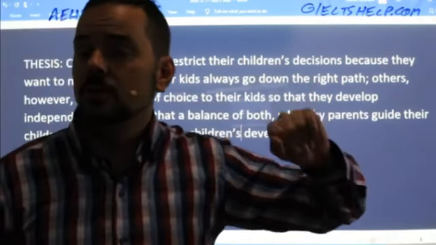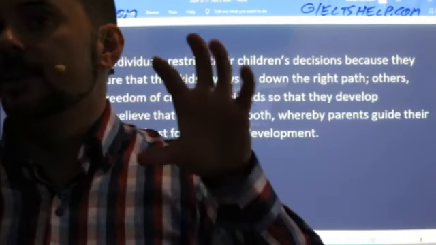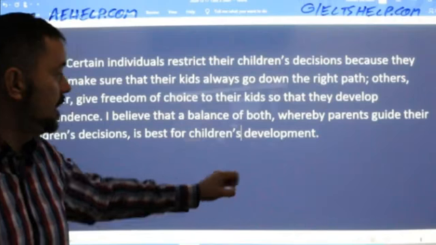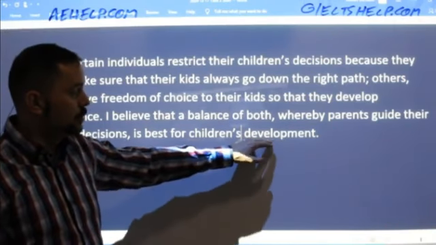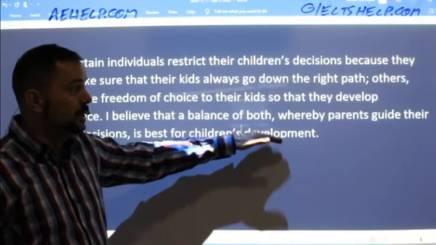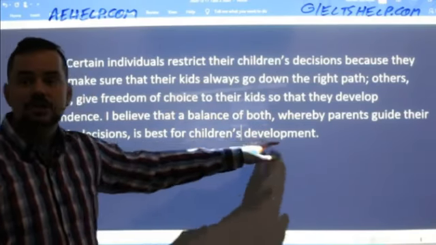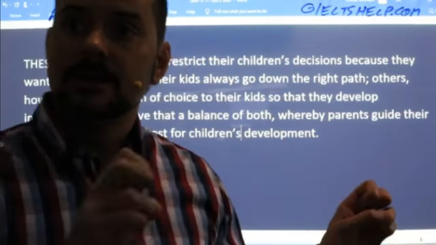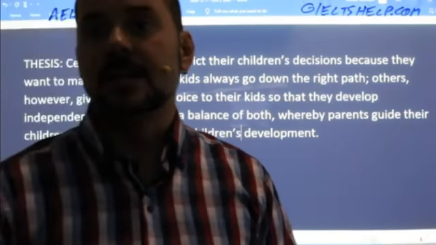That's a really good indication that you have the right thesis statement for a Band 9. And both of us end with the word development, which is the topic. That's really what we're talking about here, children's development, right? And both of us end on the topic of this essay.